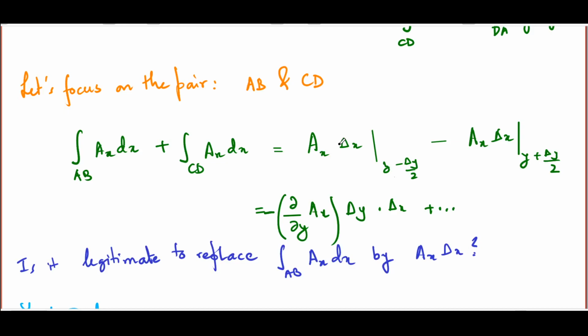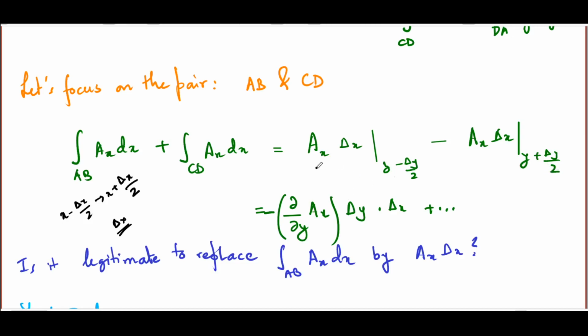However, the question would be the following. Note that here on this particular line, x changes from x minus Δx by 2 to x plus Δx by 2, of course over a very small range of Δx. So it might seem legitimate to suppress the variation of Ax here. However, note that the contribution that we have to the curl in the end is really coming from the fact that Ax at y minus Δy by 2 and Ax at y plus Δy by 2 are different.